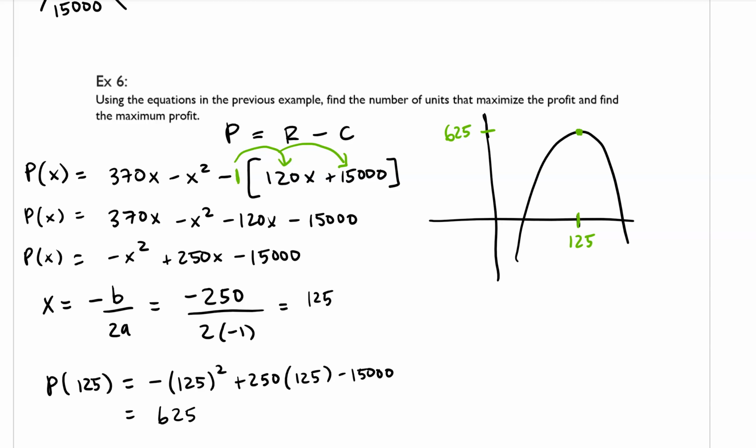So our vertex here has the x-coordinate 125 and the y-coordinate 625.